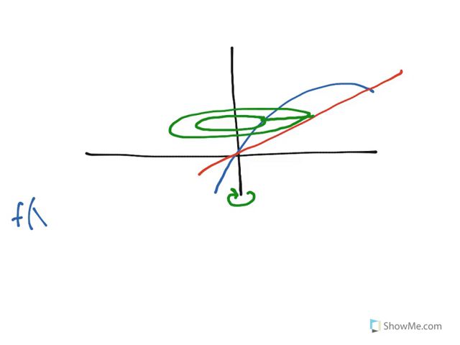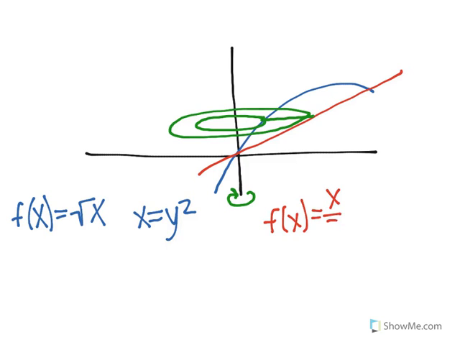So square root of x becomes x equals y squared, and 1/3 x becomes x equals 3y. So now our big R right here will be 3y, and our little r here will be y squared.